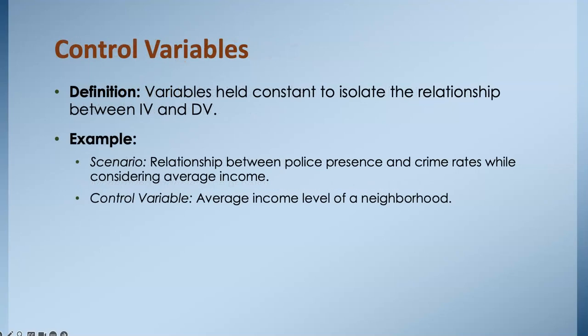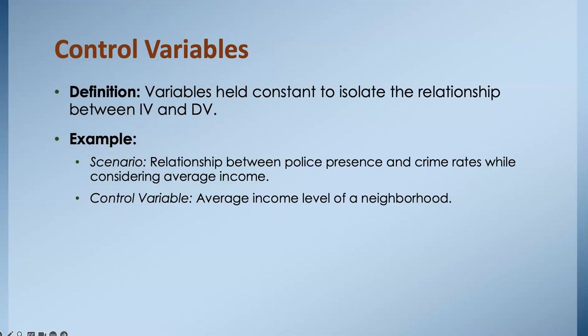Let's now talk about control variables. These are variables that researchers hold constant or control in some fashion to isolate the relationship between the independent and dependent variable. I know that's a little bit hazy, so let's look at the example.